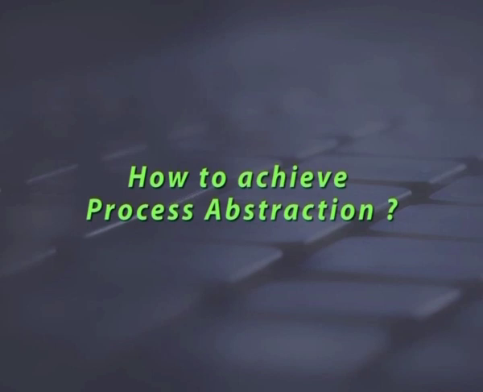Operating system uses a context switch to switch from running one process to running another process. Operating system implements process abstraction to do this. Now, how to achieve this process abstraction?